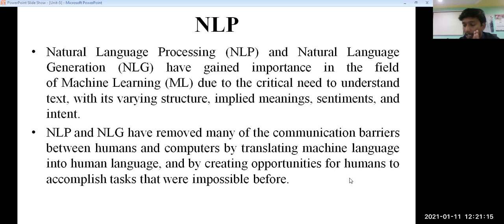So these two have removed communication barriers between human beings and computers by translating machine language into human language, and by creating opportunities for humans to accomplish tasks that were impossible before. Because of the advancement of technology and the introduction of these natural language processing concepts, many researchers concentrated on this concept, and that's the reason we have n number of applications which can be used right away.